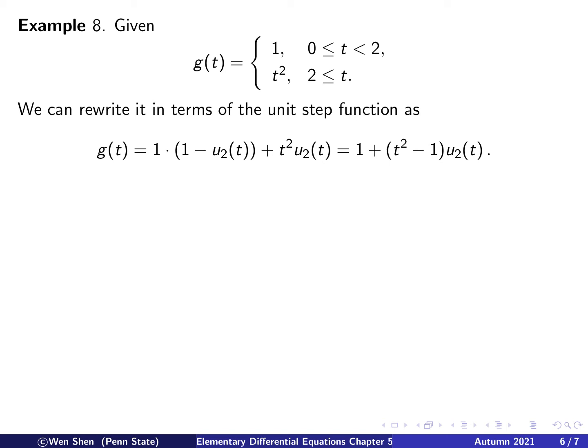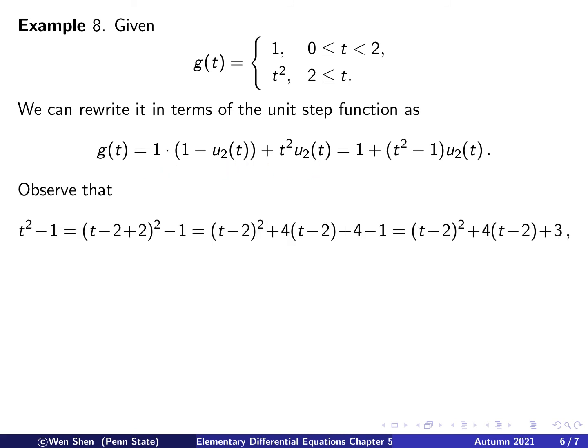We could use the quicker algorithm, that is, we take 1 here, starting from 0, so we have a 1, and then we look at the point where it's discontinuously defined, that's 2, so we have a u2 of t, and this is multiplied by this function minus that function, so t squared minus 1. So you can actually directly write it out here, and you can skip this step.